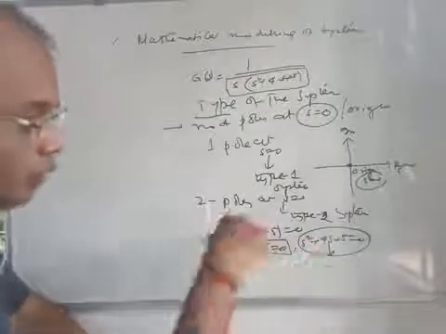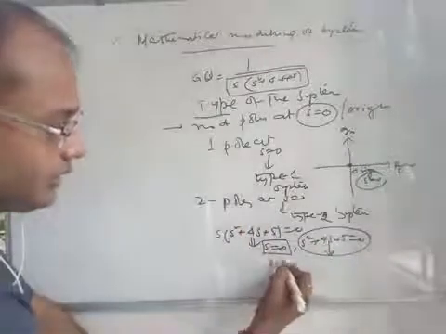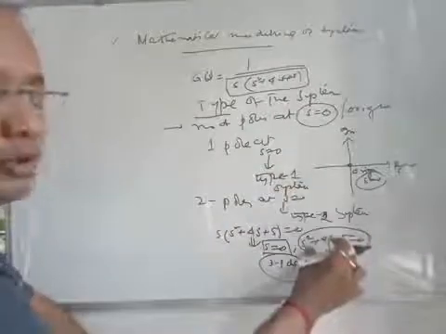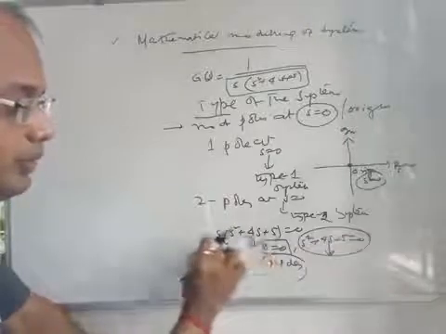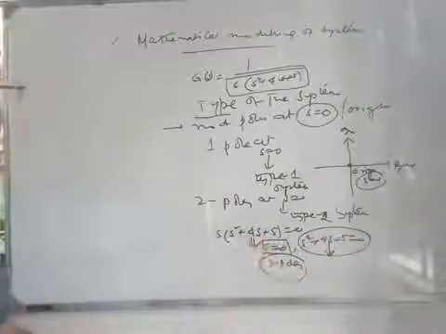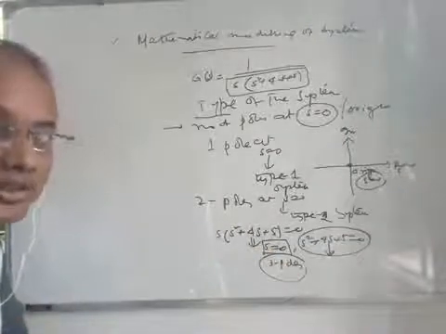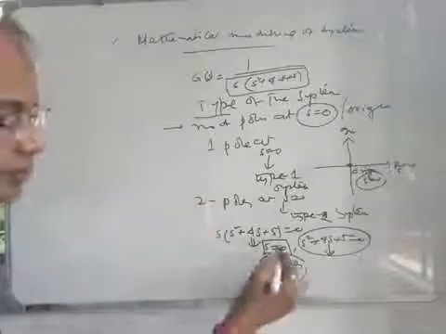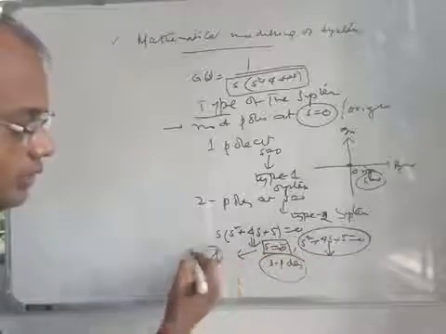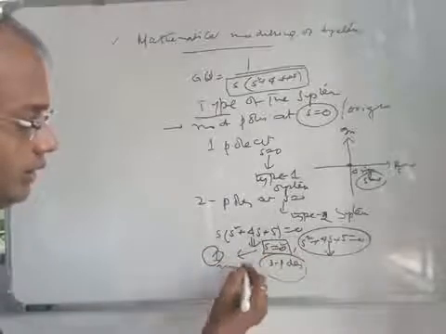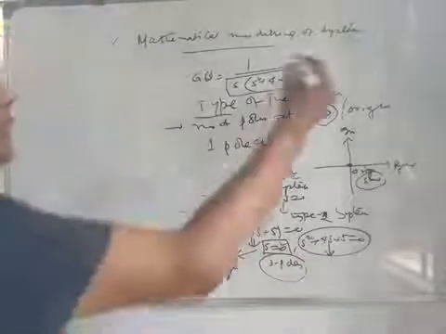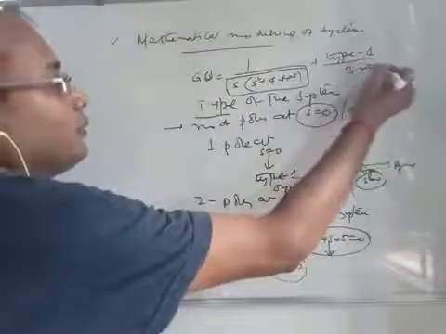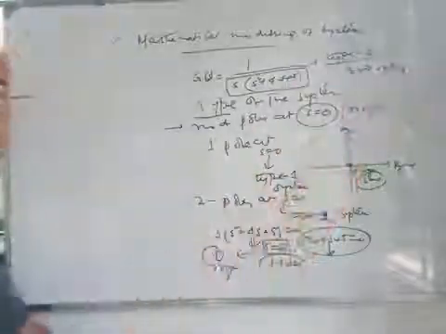So altogether what will you get? 3 poles altogether. That means 2 poles will come from this factor, 1 pole from this factor. So 3 poles altogether, so this is a third order system. Now what is the number of poles at the origin? 1, right? 1 pole at the origin. So this is basically a type 1 third order system, right?